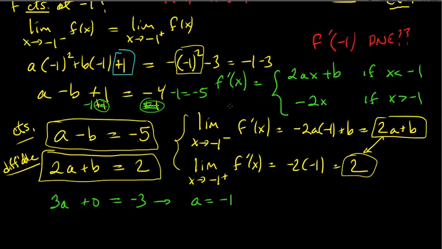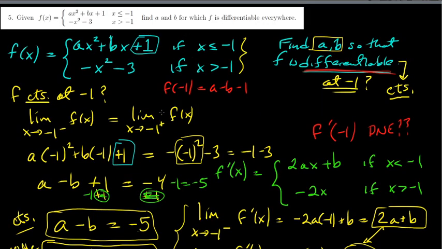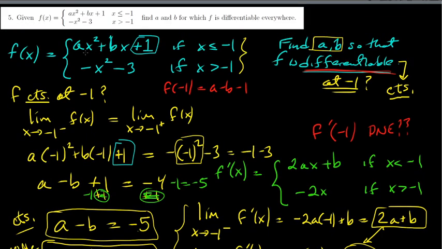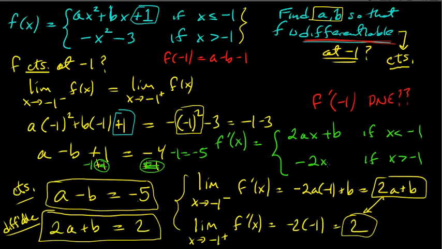Okay, let's check what I did here. Plus b, no, that's right. So the derivative is 2ax plus b. Yeah, 2ax plus b.